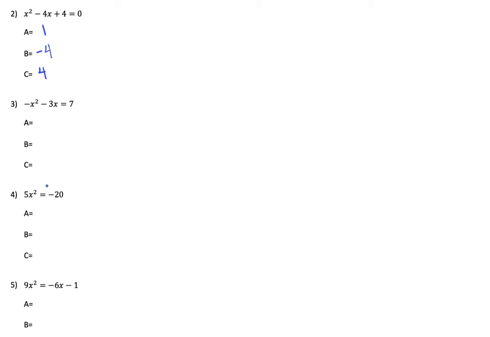Number 3, I need to put that one into standard form. So I'm going to subtract the 7 from both sides. So it looks like negative x squared minus 3x minus 7 equals 0. And now my a is going to be negative 1, my b negative 3, and my c negative 7.